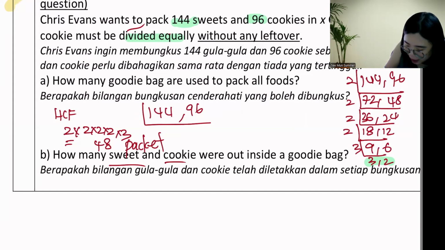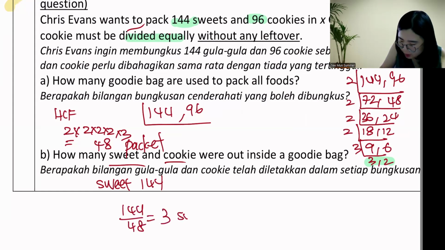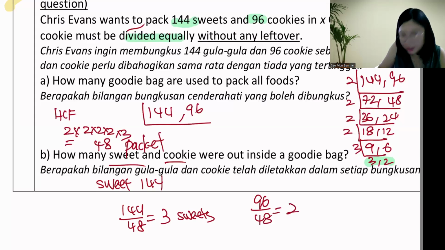The total sweets is 144, so 144 divided by 48, and the answer is 3. So 3 sweets. And cookies, 96 over 48, it will be 2. So 2 cookies in 1 goodie bag.